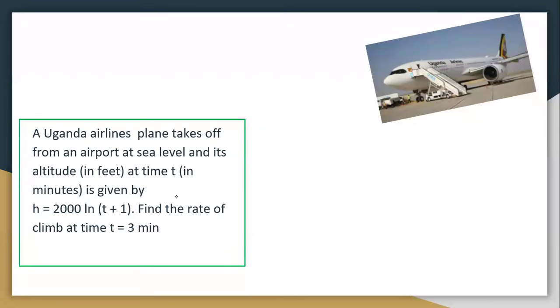That's what they're asking: at what speed is this plane going up? You know that speed is given by distance out of time. So here indirectly, you are finding dh/dt. So can we first find it and you tell me what you are coming up with?